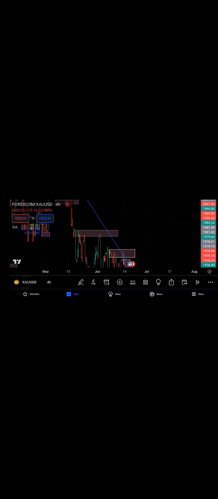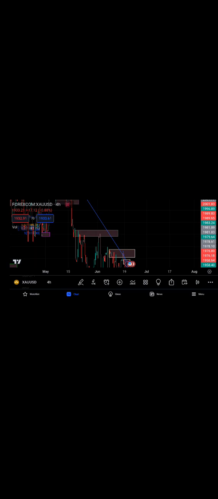You should have 3 touches to confirm a valid trend line. So we had the first touch here, then this is the second touch, then all these places they almost got touching it, but then it didn't reach the zone. So this confirms that on the major trend, gold is still on a downtrend, gold is still selling.